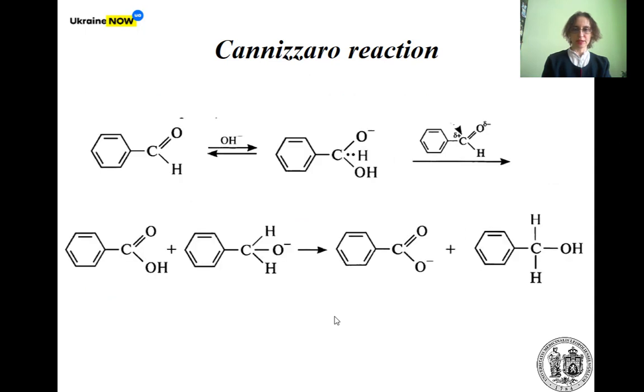The mechanism of this reaction starts from the addition of OH minus to the carbonylic group. We obtain such an anion with negative charge at oxygen, and then the next molecule of aldehyde reacts with its carbon of the carbonylic group, and we have carboxylic acid anion and alcohol.